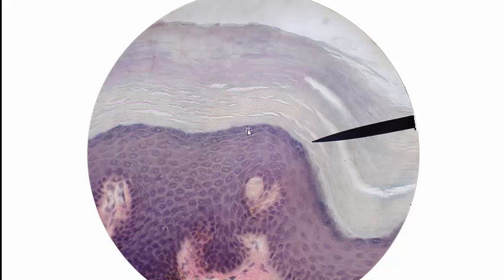Next layer down is stratum granulosum, and then we have stratum spinosum, and then finally along the bottom here we have stratum basal, and the stratum basal is undulating quite a bit because of the dermal papillae that are coming up into it.